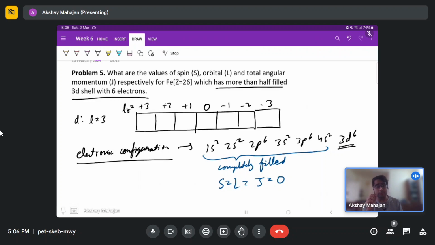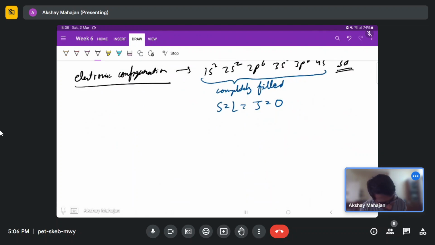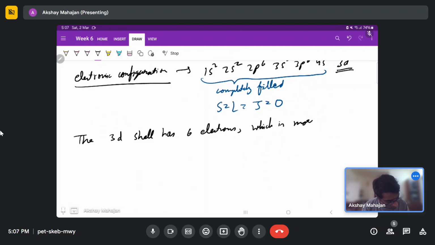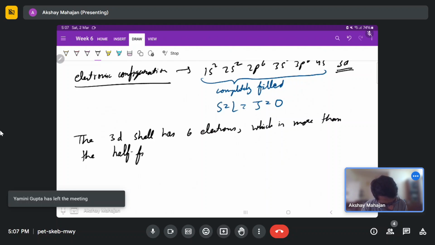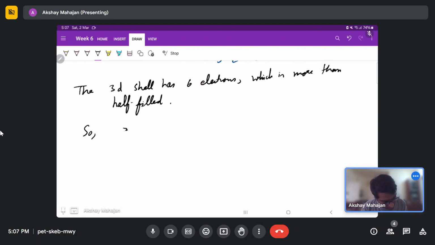That's why it just gave you the information regarding the 3d shell only, because that is all you need to find the values of S, L, and J. Now the 3d shell has 6 electrons, which is more than half filled. So J will be given by L plus S.